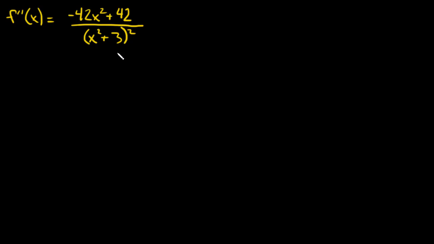So we're going to have f double prime of x is equal to negative 42x squared plus 42, see, listen to me. Oh man, I need to take a caffeine break, over (x squared plus 3) quantity cubed. Now, that's my f double prime.